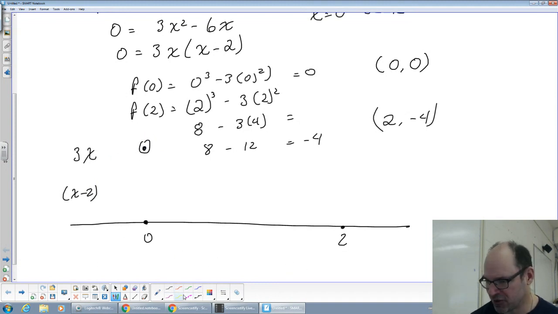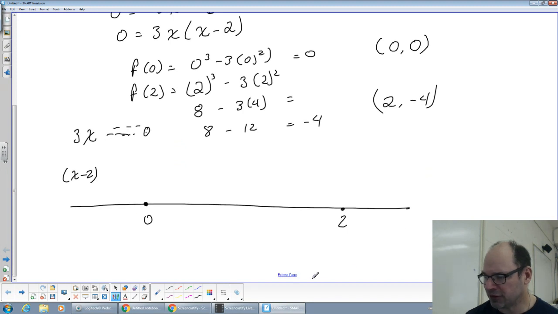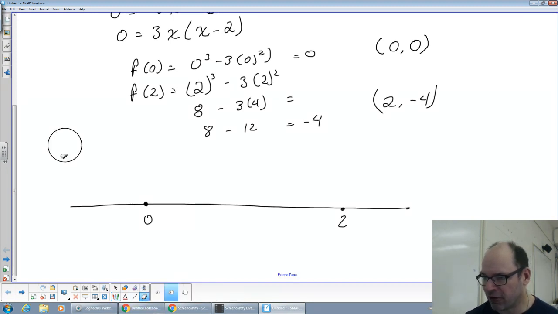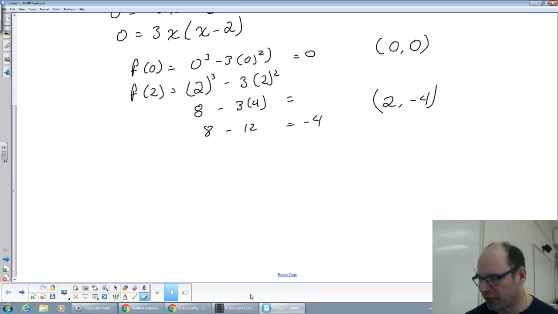At that point, it's 0. Below that point, it's a negative number. Above that point, it's a positive number. I should draw this a little bit better because I got it running into my other question here.